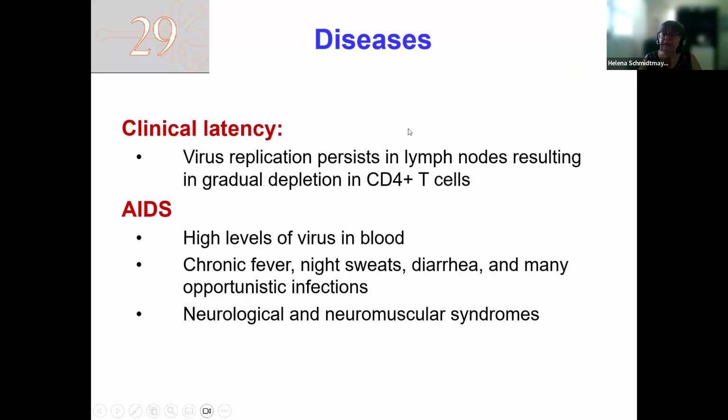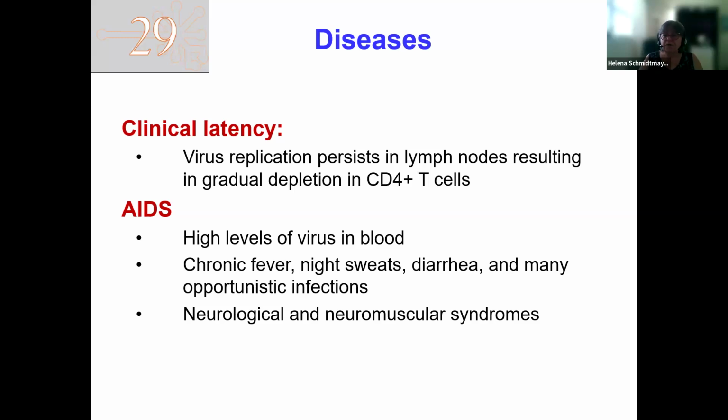So during that clinical latency, virus still persists in lymph nodes because during that first generation of immune response, the immune system was not able to eliminate the virus. So virus is still there, and basically it continuously replicates at a low level.